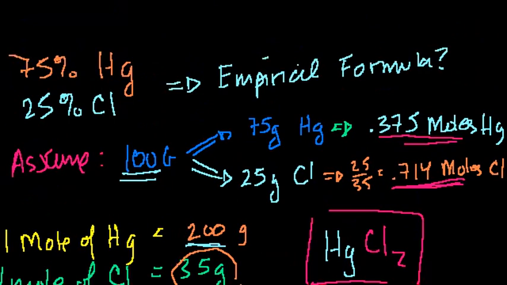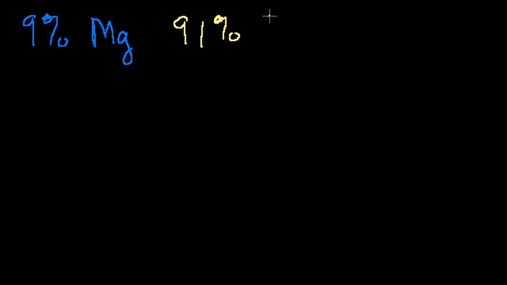Let's do another one of these. Let's see how the numbers turn out for this one. Let's say you have another bag that is 9% magnesium. And let's say the remainder of the bag, 91%, is iodine.